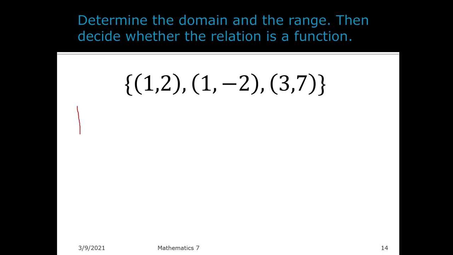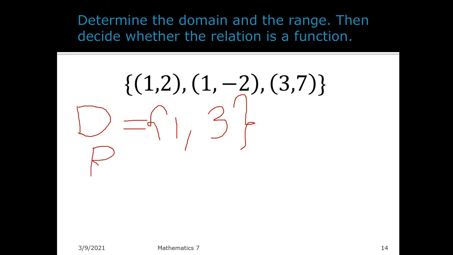Next, for the second example, 1 is repeated twice, so we write it once, and the second element is 3.